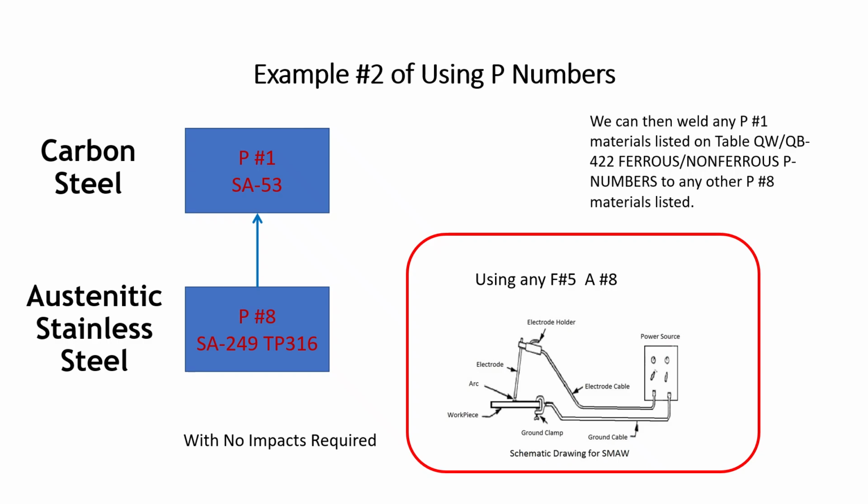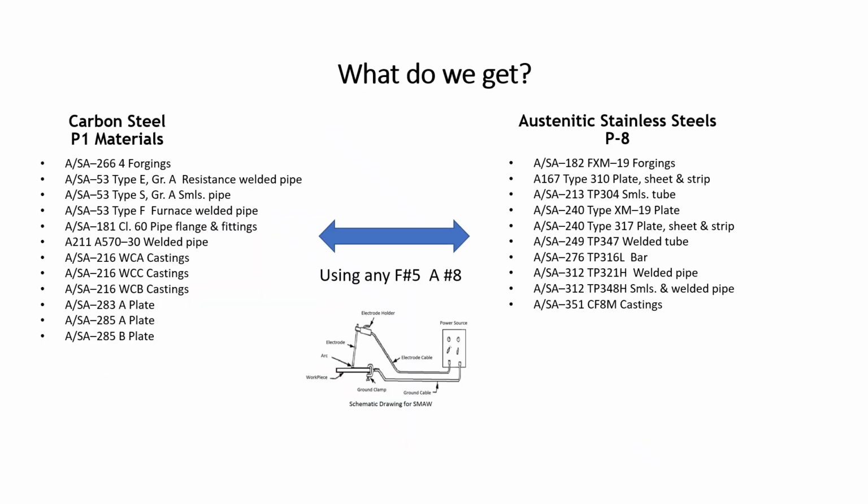So then what do we get? We can weld any P1 material listed on table QW/QB-422 to any other P8 material listed. So this is what we get. We can weld anything on the right side to anything on the left side.